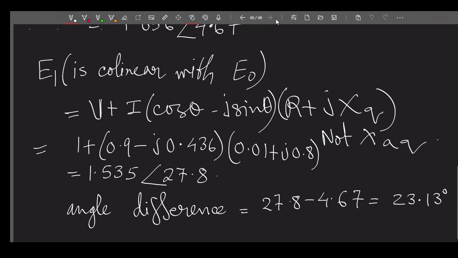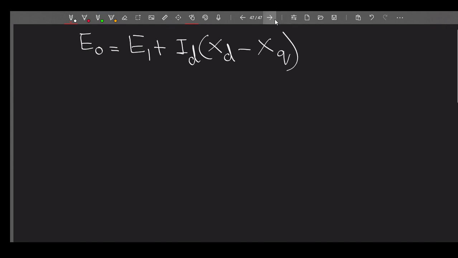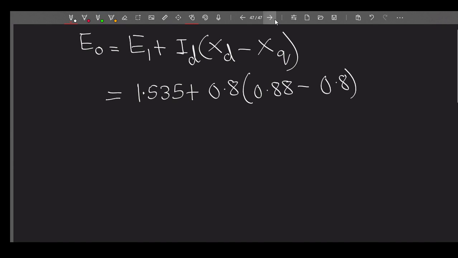E naught will be this is an alternative way to figure out the means. Using Kingsley factor, we can figure out the regulation.